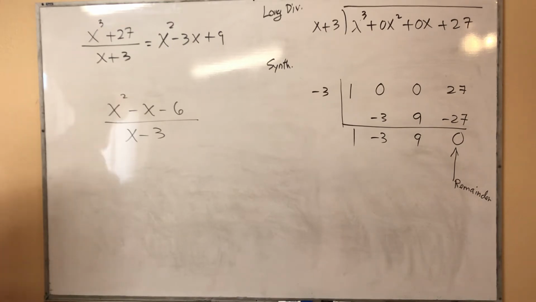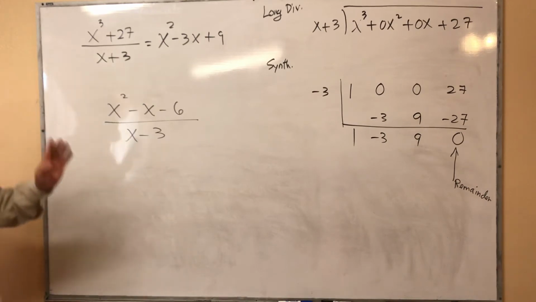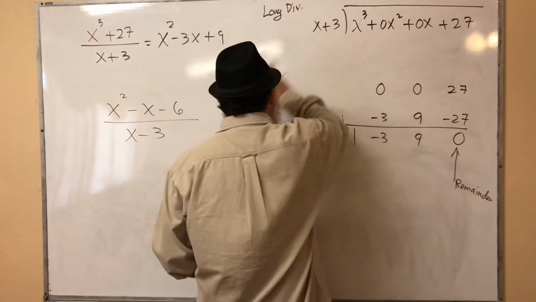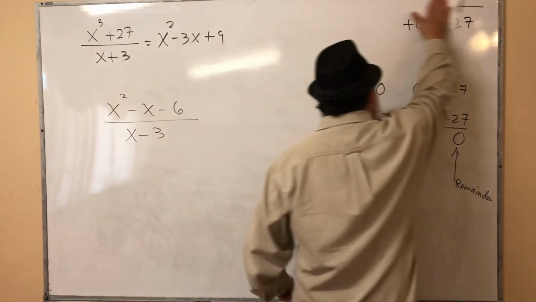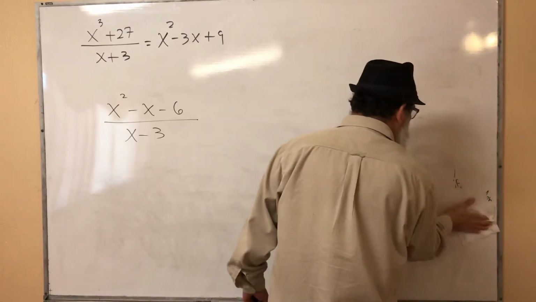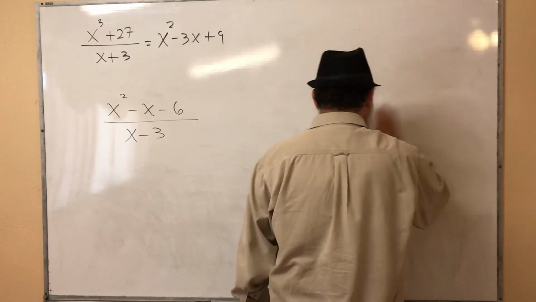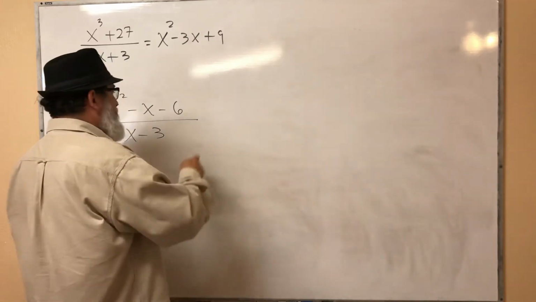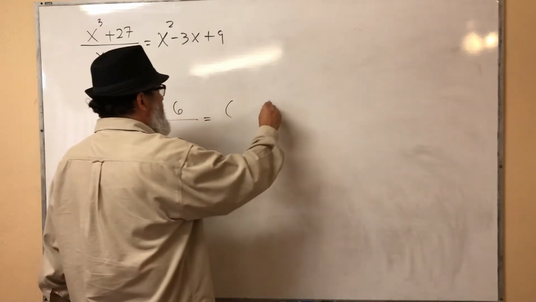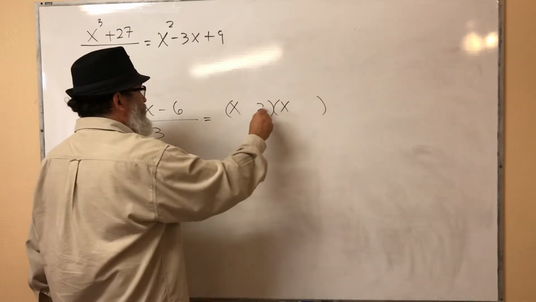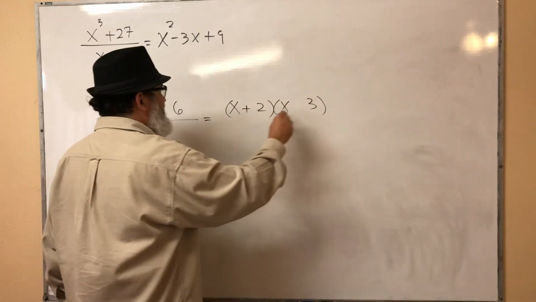Look, if we factor the numerator, let us factor the numerator. X times x, 2 times 3, plus and minus.